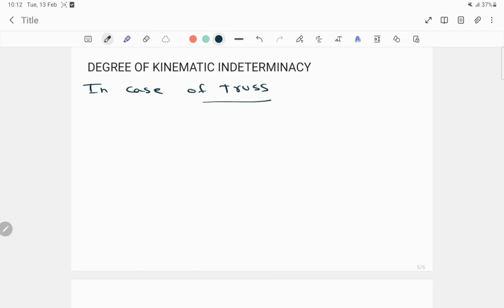We have a formula for finding the degree of kinematic indeterminacy for truss, that is dk is equal to 2j minus r.